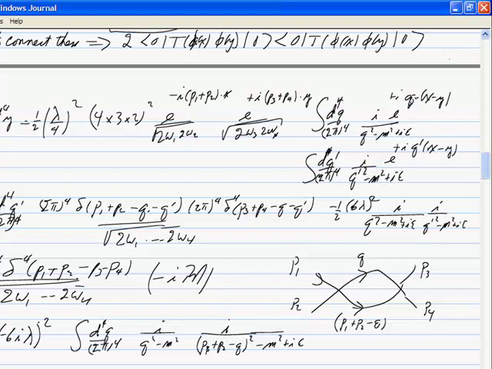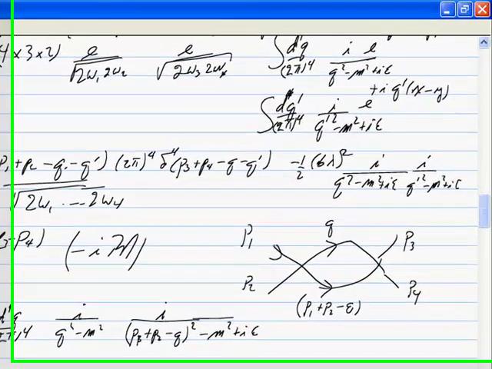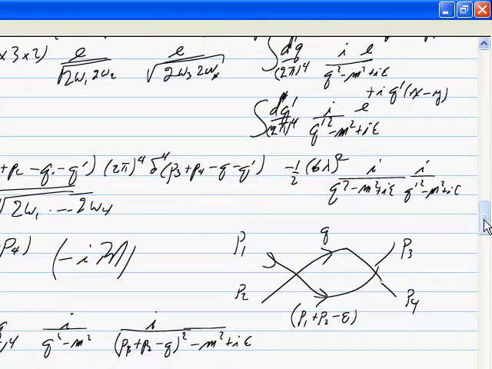Okay, so we've got momentum conservation. This is the factor of 1/2 from the Feynman rules: because these two lines are identical, you end up with that factor of 1/2. Perhaps it's not as obvious why you wouldn't have had that factor of 1/2 if they were different, but that's what happens.